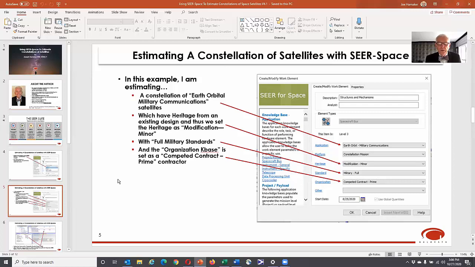I'm also assuming that these are Department of Defense satellites which require full military standards. That drives the amount of testing, the amount of documentation that's required, the number of reviews, and so forth. And finally, I'm setting the organization knowledge base, assuming that we have a prime contractor who is operating under a competing contract situation.